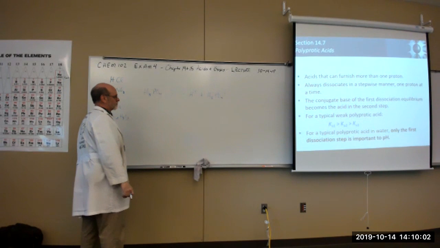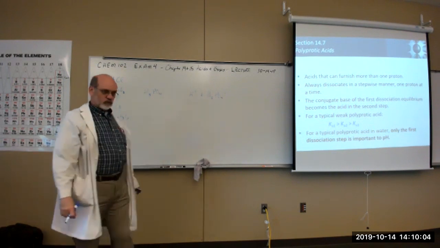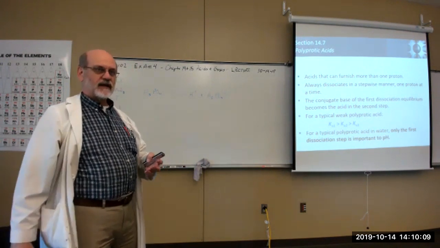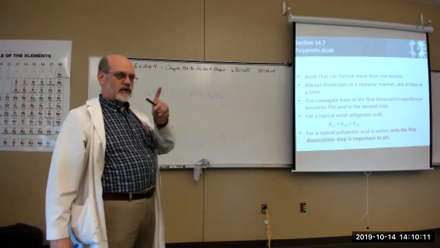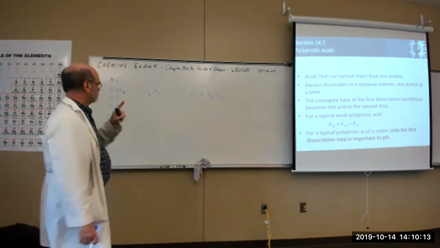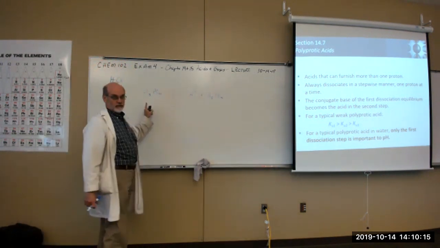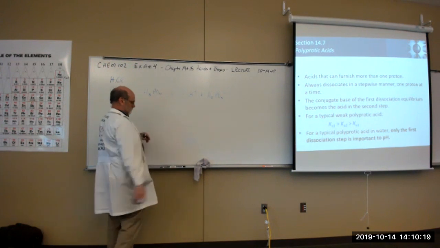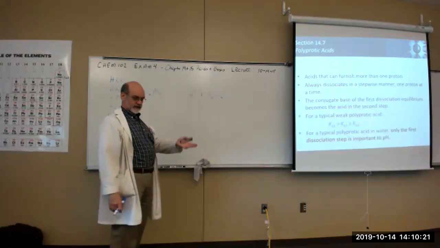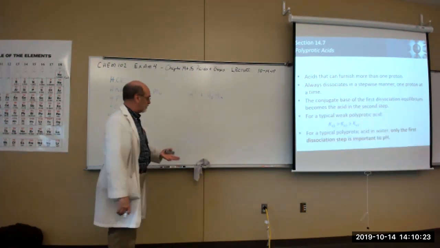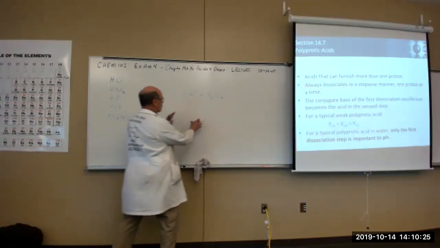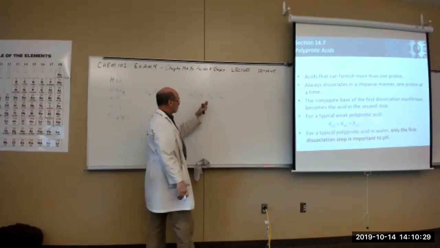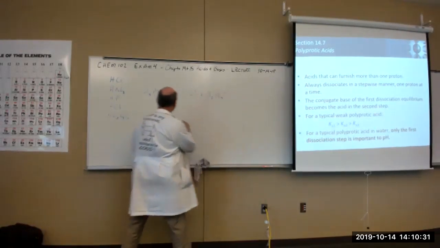Okay? That's a rule. When polyprotic acids dissociate, they do so 1 proton at a time. You don't get all 3 of them coming off at once. One of them comes off and associates itself with water, makes a hydronium, and leaves you with this one. Now this one can also dissociate.